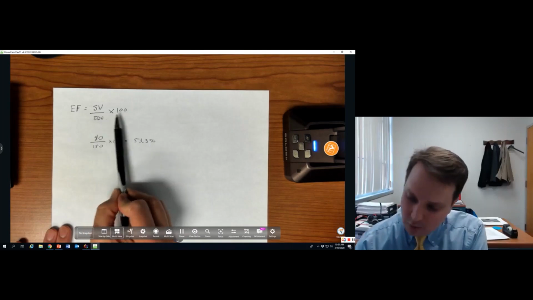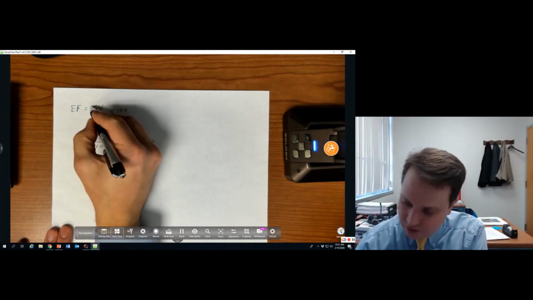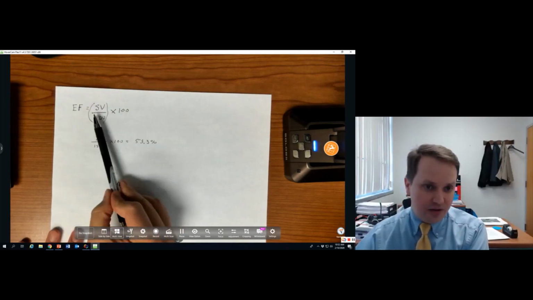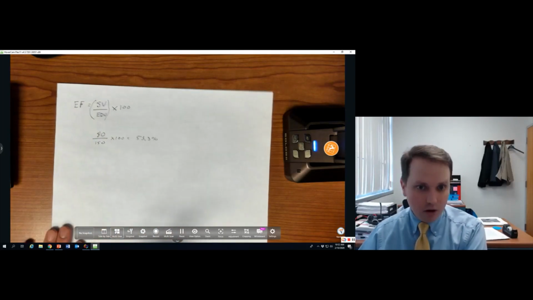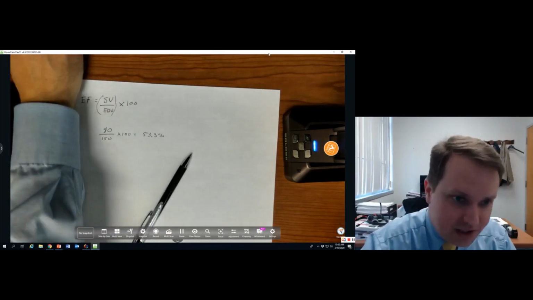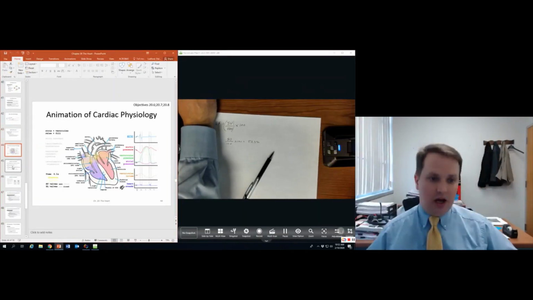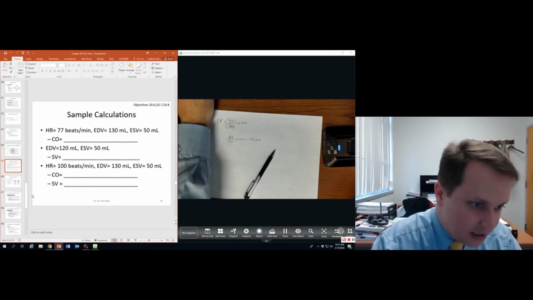Remember, please excuse my dear Aunt Sally, we're going to do division first in the order of operations. So, you would do this first, then take that value and multiply by 100. Okay? So, if we were to practice some of these here in a minute, we are. I wish I put some ejection fractions there as well, but I didn't. But be prepared to do an ejection fraction.